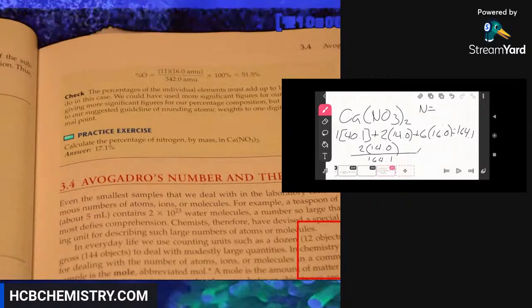Oh, and then multiply it by 100 because you want the percent. And that's going to equal, if you plug it into the calculator, 17.7%.